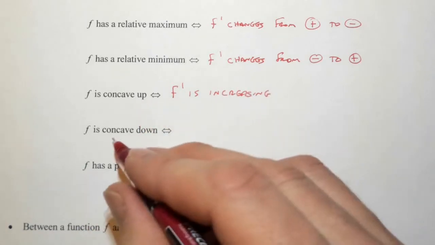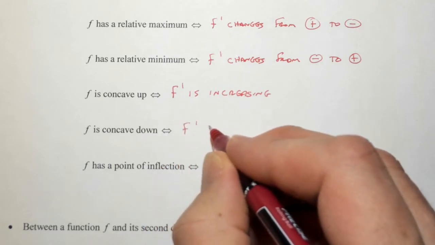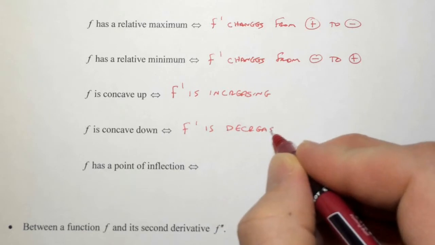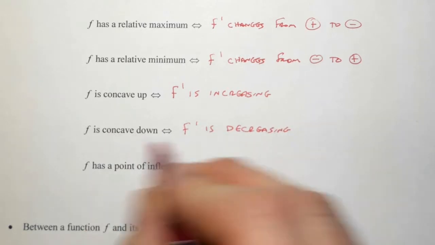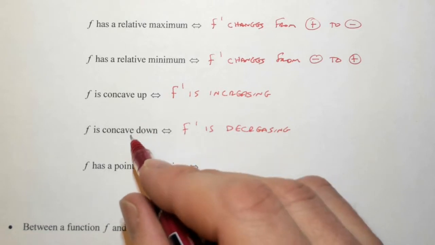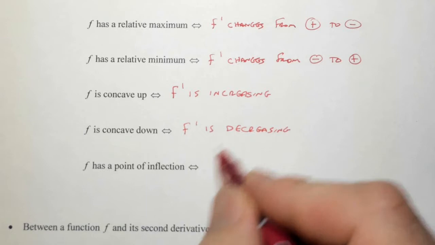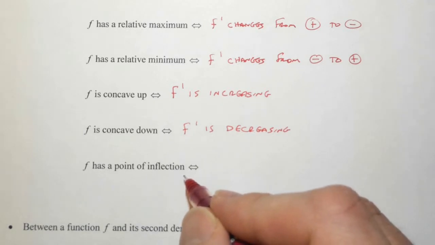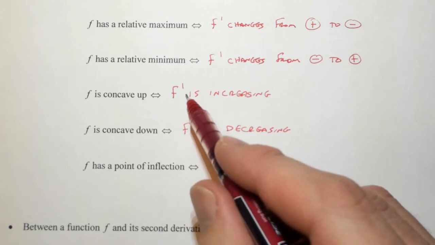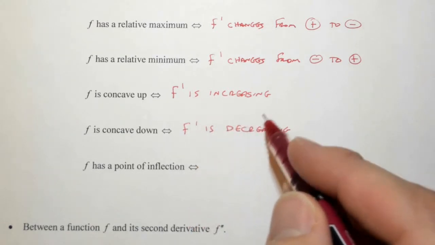Vice versa, a function is concave down, or shaped like an upside down U, when the derivative of the function is decreasing. And again, this goes both ways. A decreasing derivative means the function is concave down, and a concave down function means its derivative is decreasing.